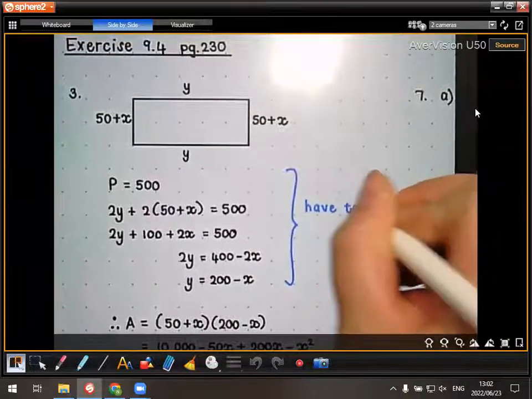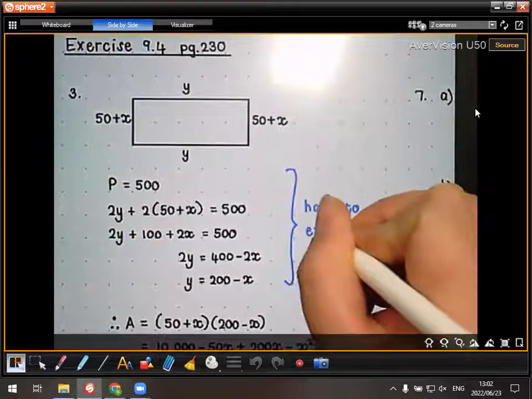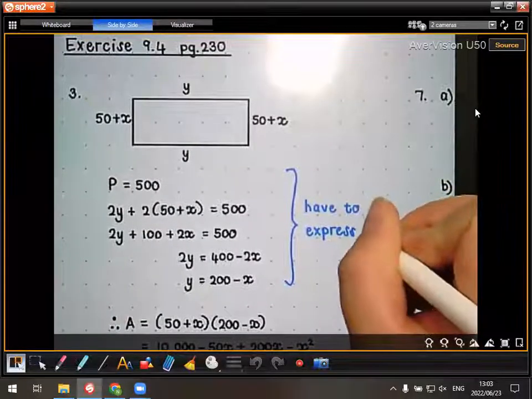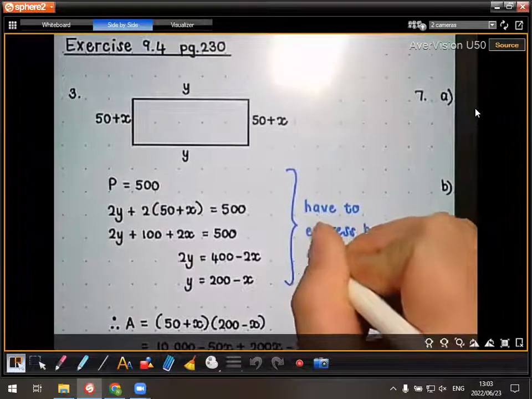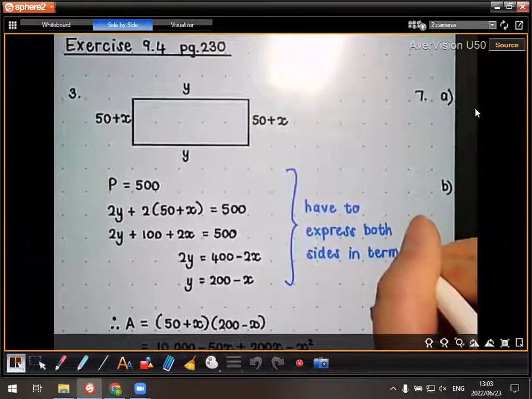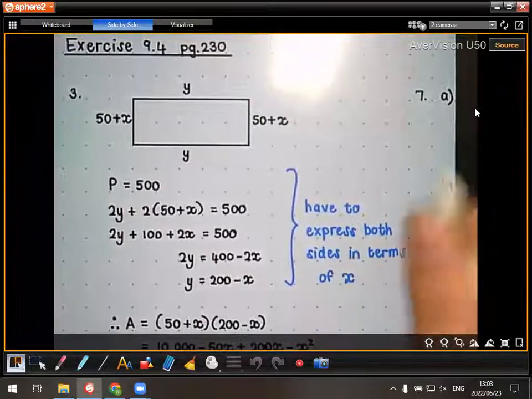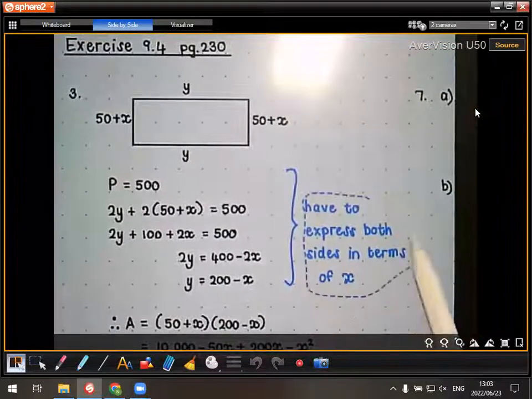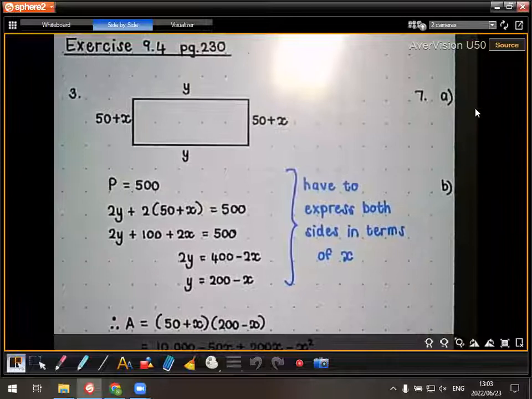Have to express both sides in terms of x, in terms of one variable. You didn't have to work with the y, you could have just figured out like the other 2 sides would have to be 2 minus x, that's fine.